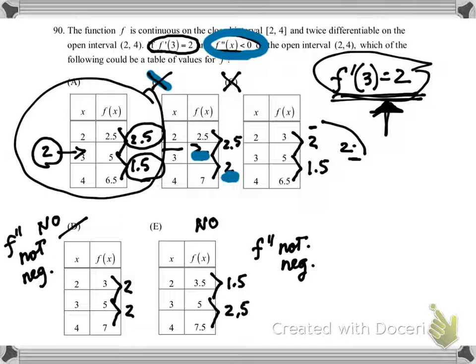Again, there's a decrease because from 2, it went to 1.5. So this is the only table of values which satisfies those two conditions that they gave us. Okay, so that's how I analyze this.